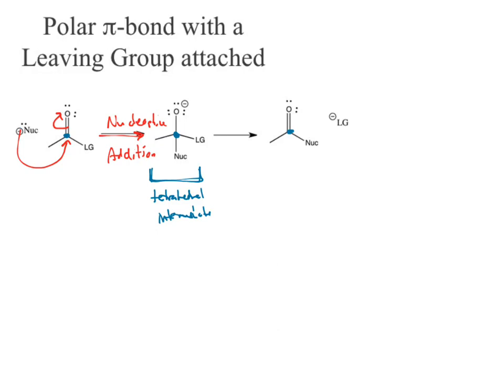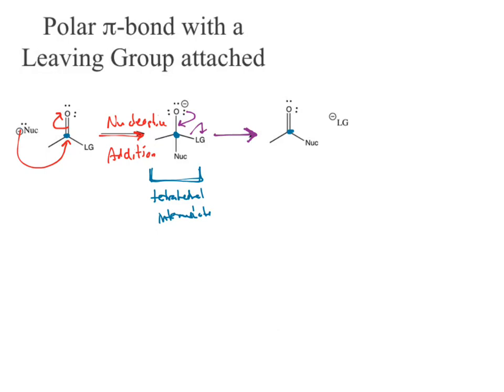Okay? What's happening in the second step? The electrons from the oxygen move back down to form a pi bond. We made a pi bond.